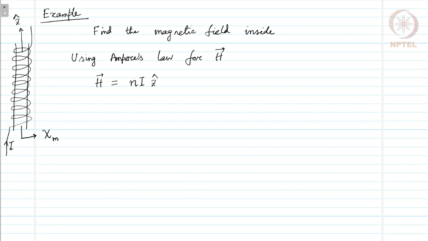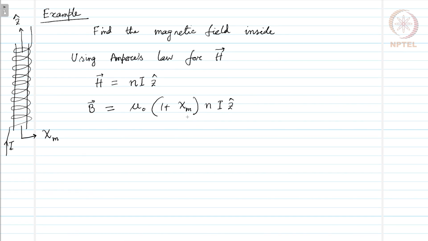Once we have this, then for a linear material with susceptibility chi m, we can write B easily as mu naught times 1 plus chi m times n I z cap. We have so far no reference to the bound current, because we have found the H field with the external current, that is free current I, and the bound current information will be embedded in chi m, the magnetic susceptibility.